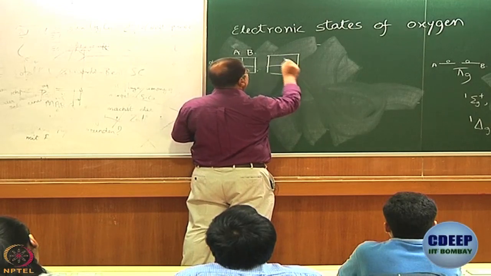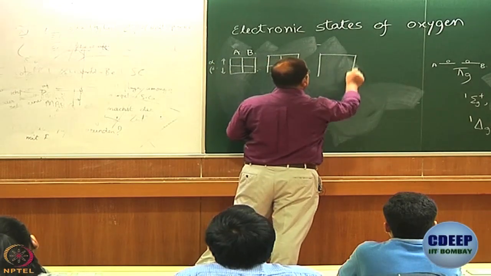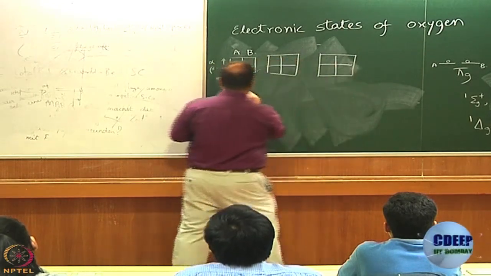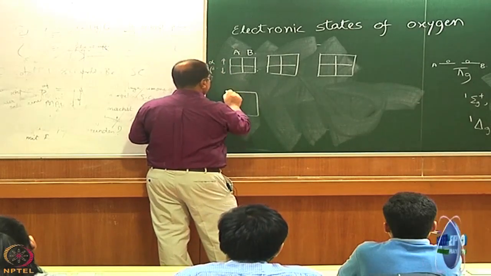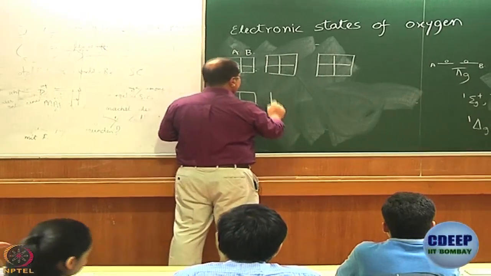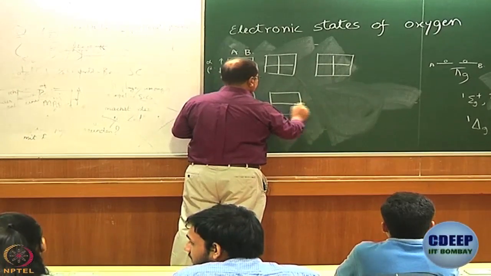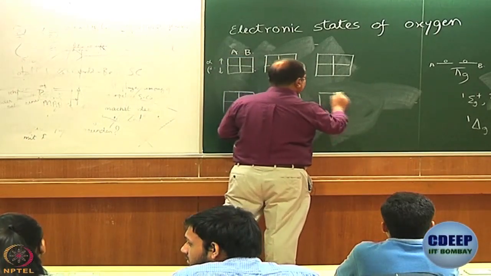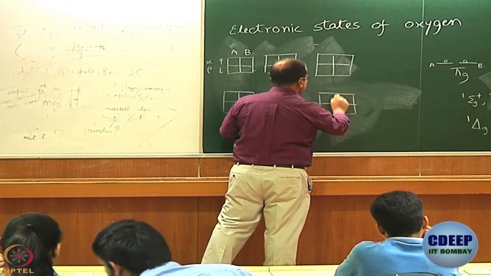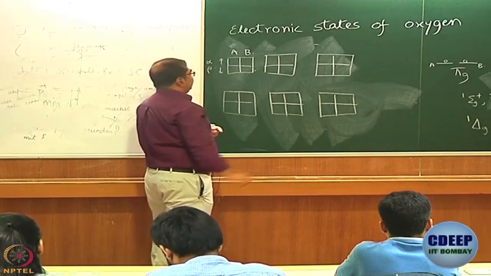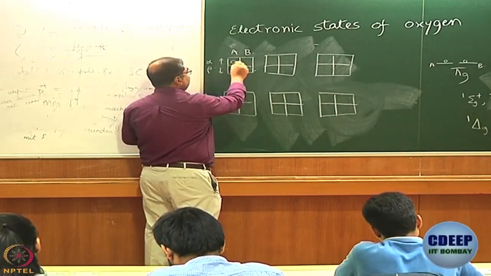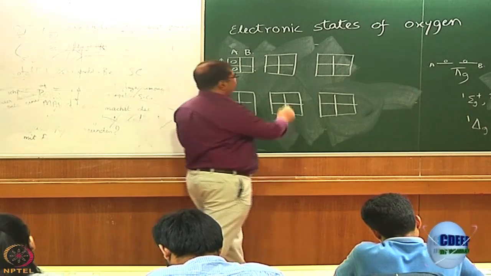So, let me draw 6 boxes first. So, I will fill in the electrons, I will just draw circles or something. This is one way in which I can fill.